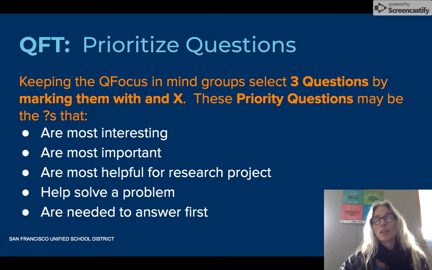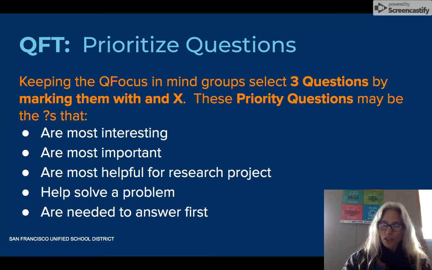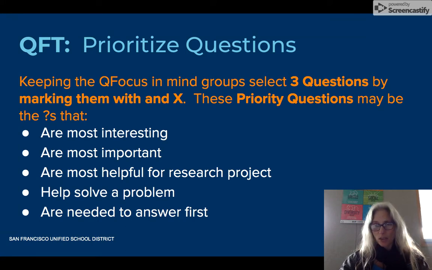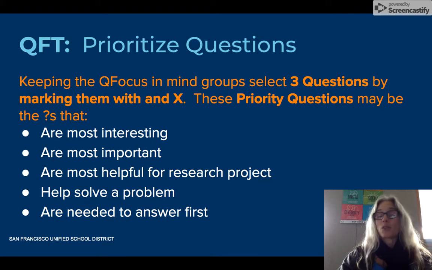Take about 5 minutes to select the 3 questions on your list of questions that you are determining to be your priority questions. One very interesting thing when I did this activity recently with adults was that one of the adults said, do not discount closed questions because we can always change it to an open question if we feel we need to later. So you might want to keep that in mind as you do this activity.